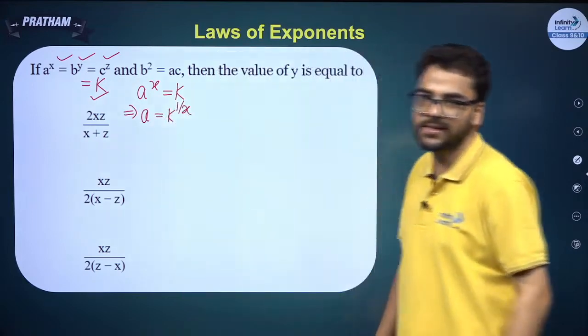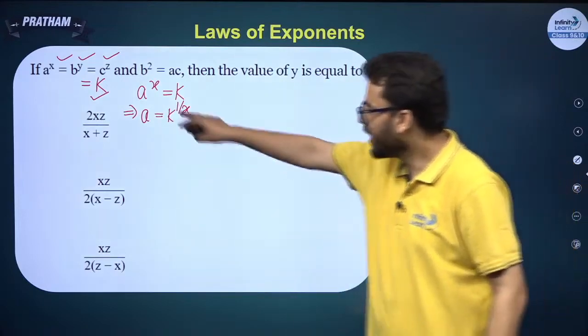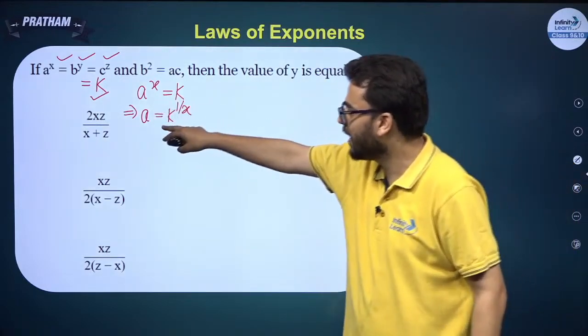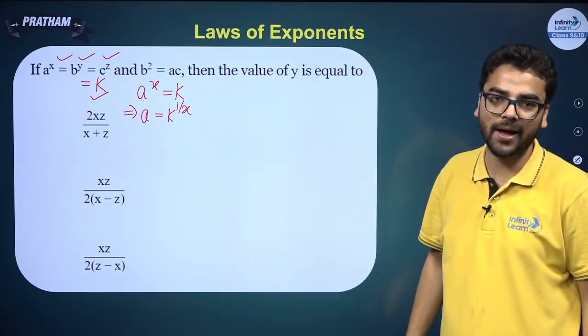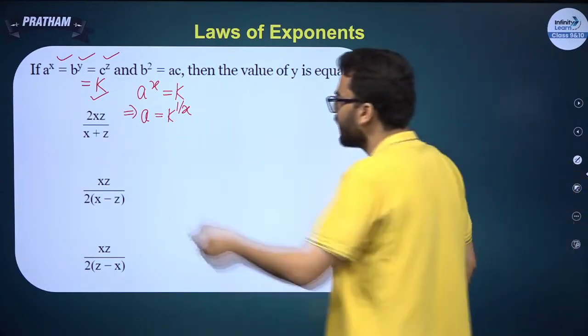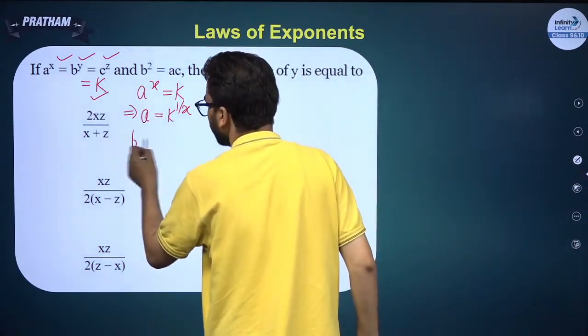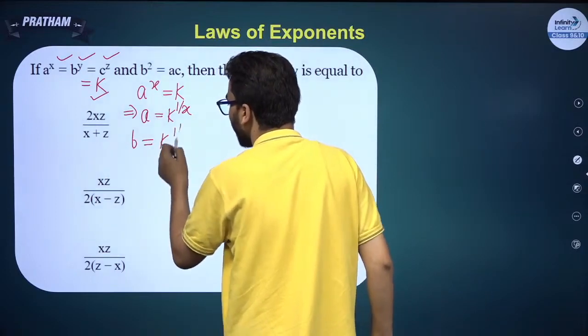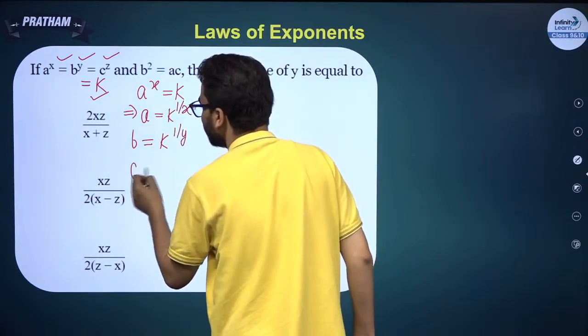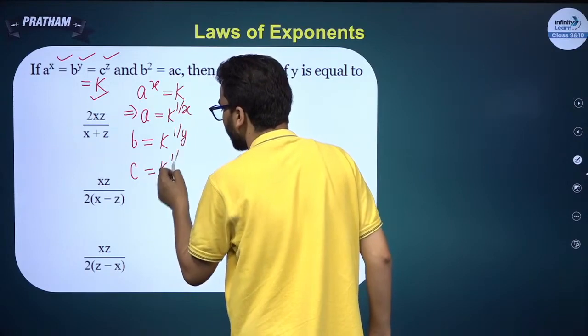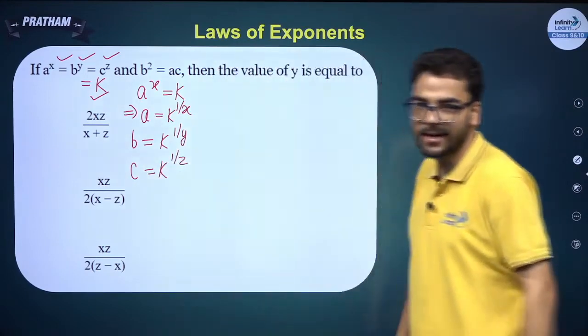Do you agree with this, guys? If a raised to the power x is k, then a is equal to k raised to the power 1 by x, right? In the same manner, can I not say that b is equal to k raised to the power 1 by y? In the same manner, c is equal to k raised to the power 1 by z. I hope that is clear.